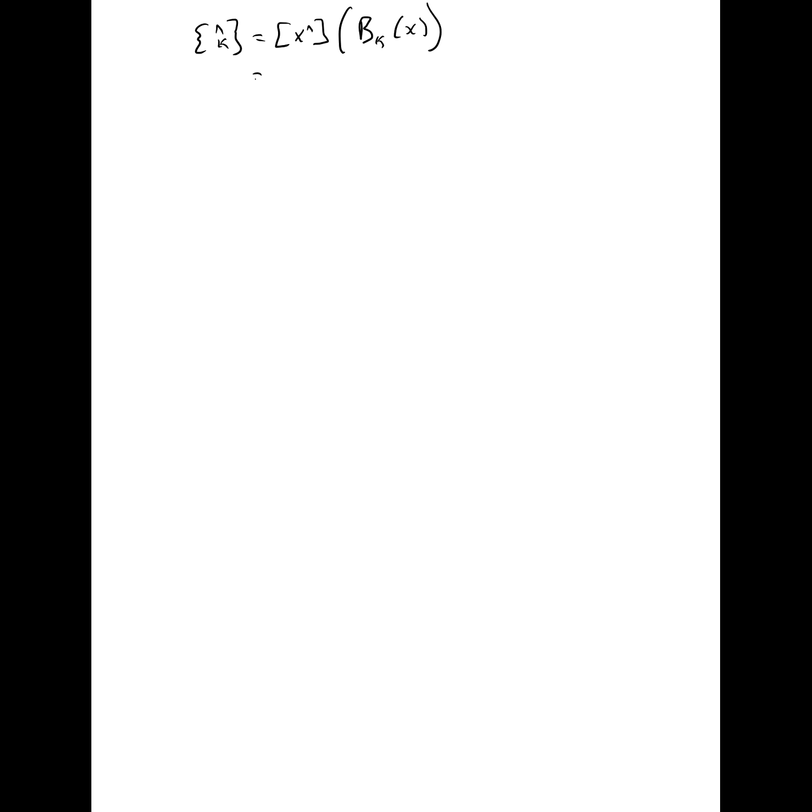Now, what's nice is we know what that generating function looks like. There's a couple ways to write it. Let's start by writing it like this. We have an x to the k all over 1 minus x dot dot dot 1 minus kx.